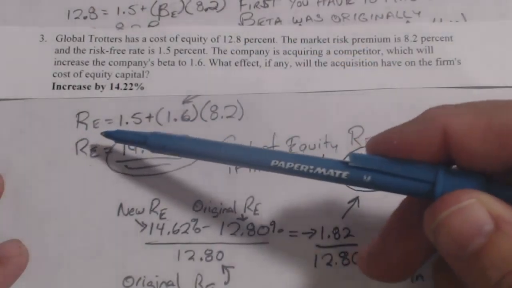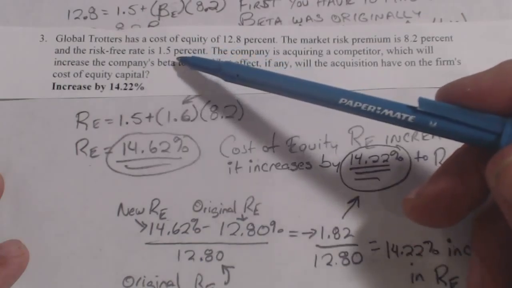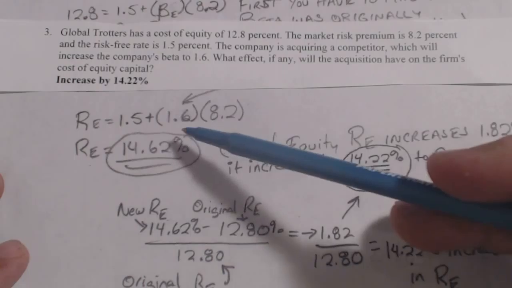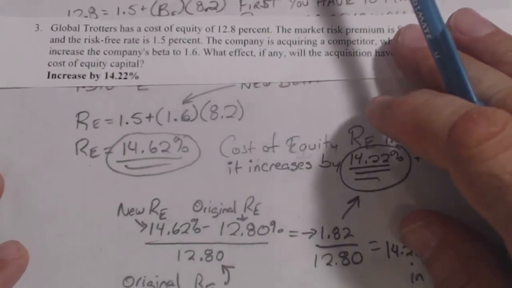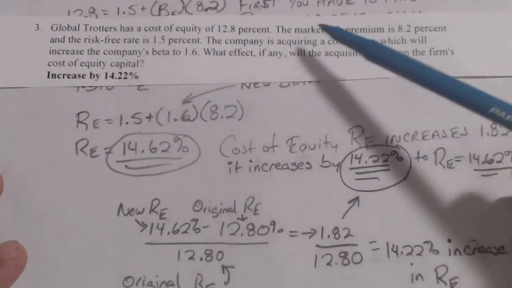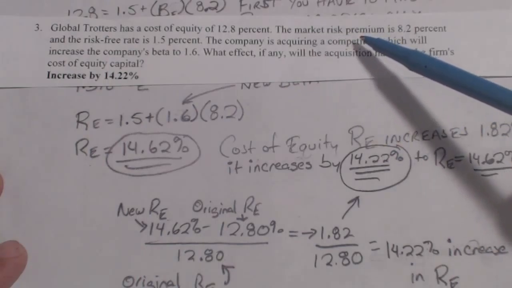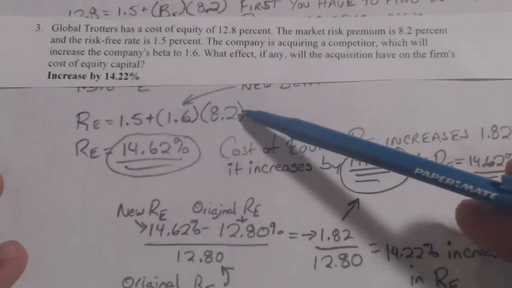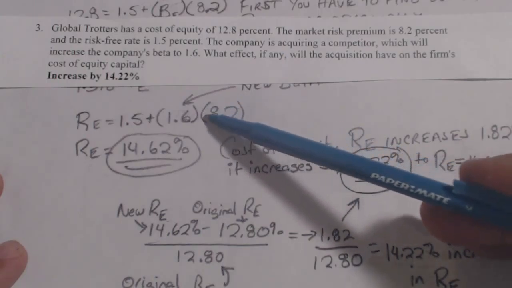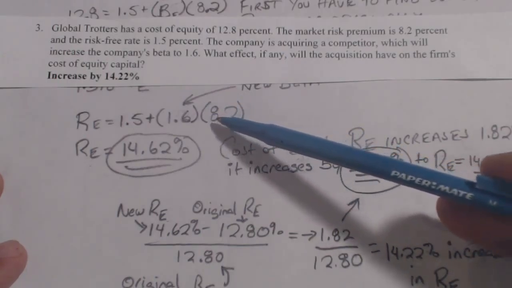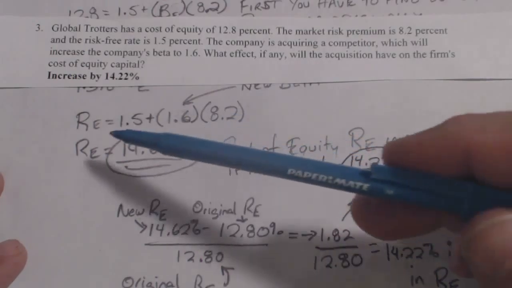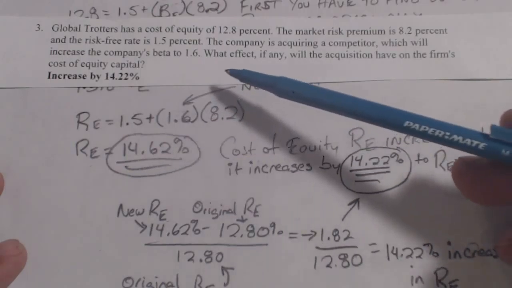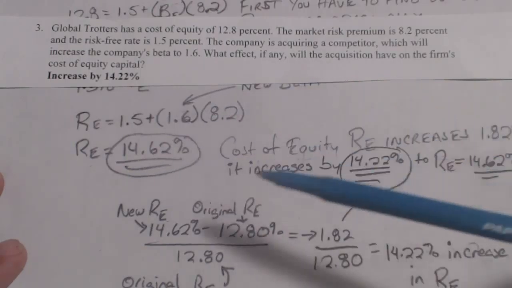RE equals the risk-free rate, 1.5%, plus the new beta, 1.6, times the market risk premium. It says premium, so that's the expected market rate minus the risk-free rate, 8.2. The RE is 14.62%.